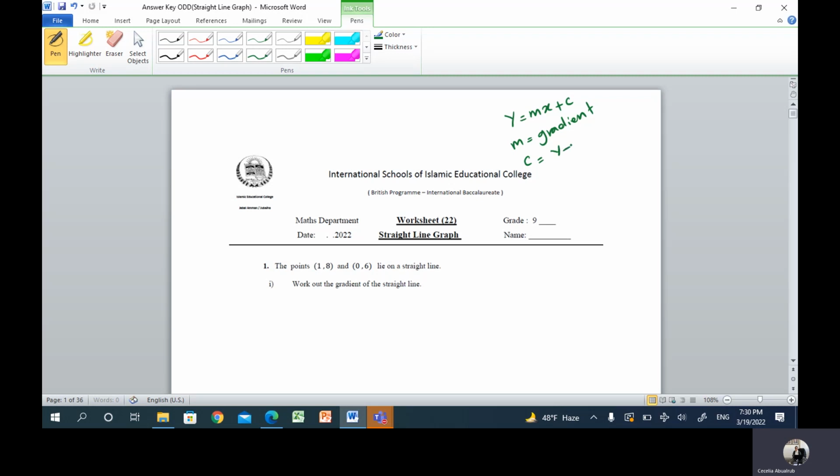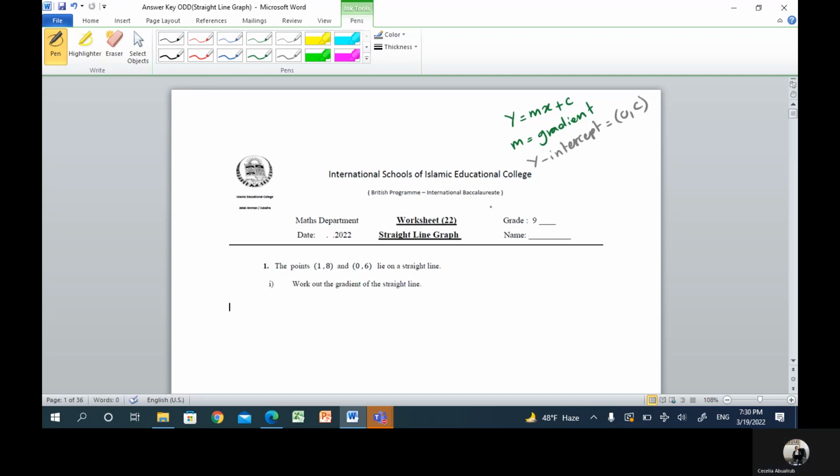is the y-intercept. Or instead of writing it this way, we can say c gives us the y-intercept. So the y-intercept is always equal to (0, c).